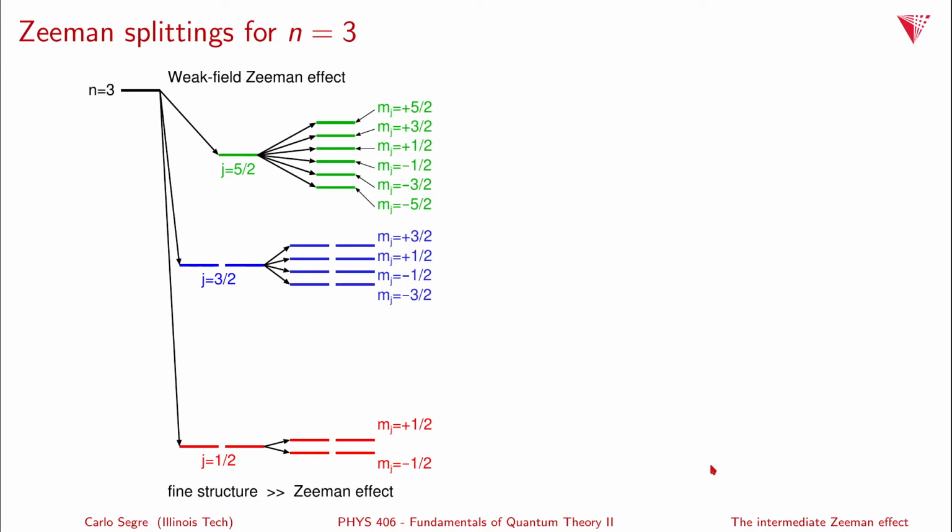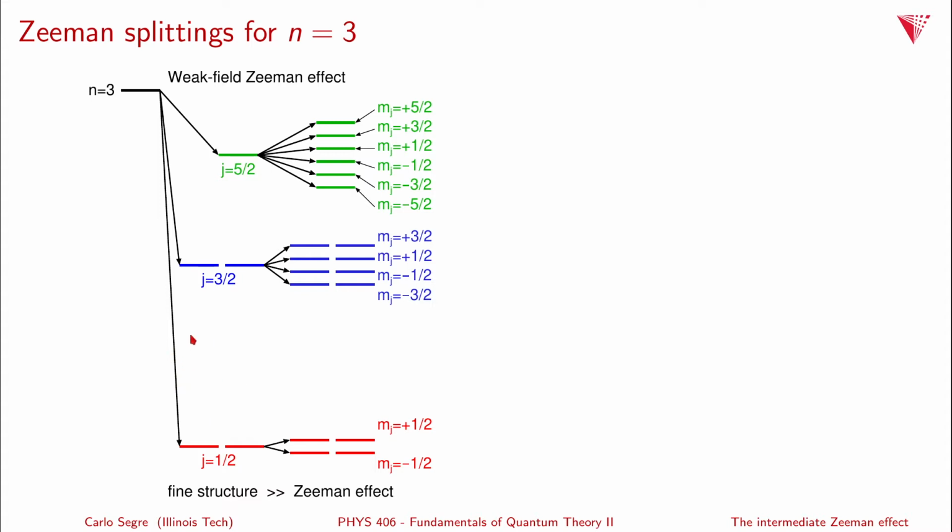Now, if we look at what these two effects do in terms of splitting the n equals 3 level, we can see that in the weak field Zeeman effect over here, first we have a highly degenerate level where n equals 3 has lots of states in it. There's 1, 2, 3, 4, 5 up here, then there's another 8 here, and then there's another 4 here.